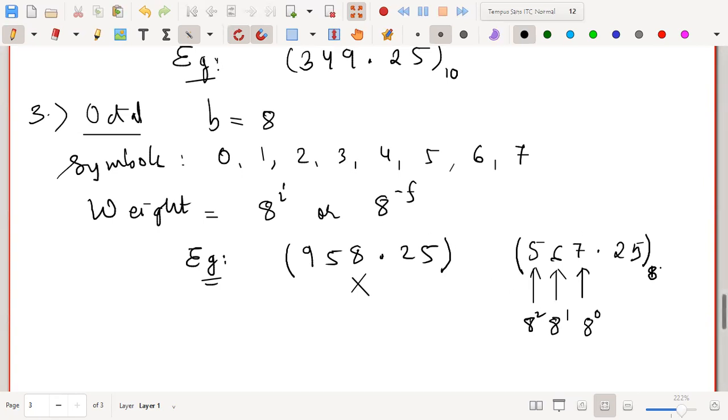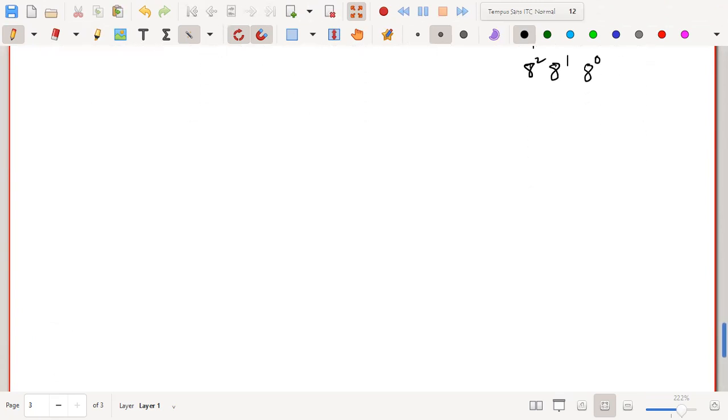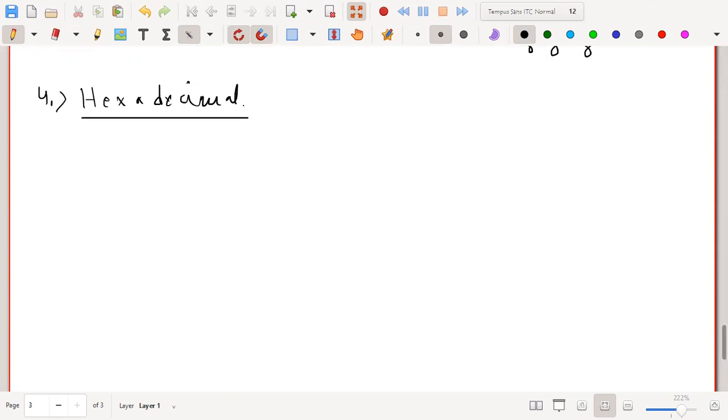One more number system, let us see. That is the hexadecimal number system, the fourth one which we are going to talk about. The base of this number system is 16.